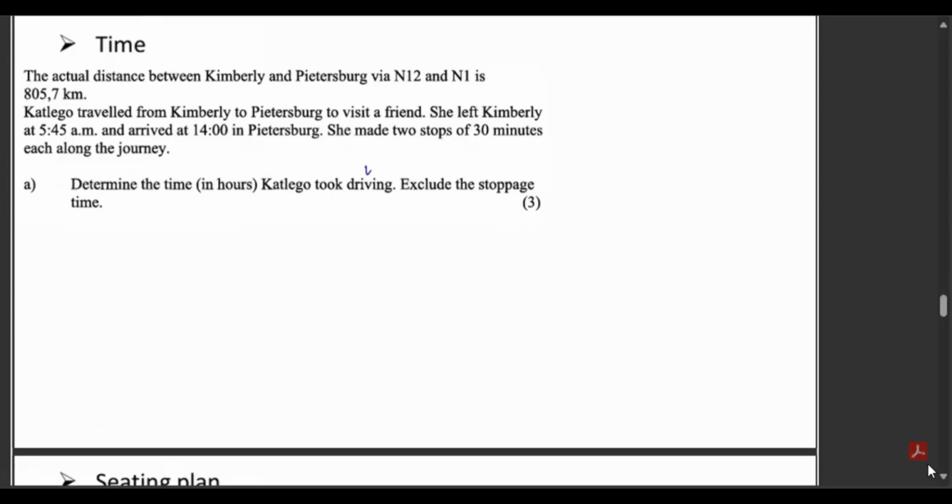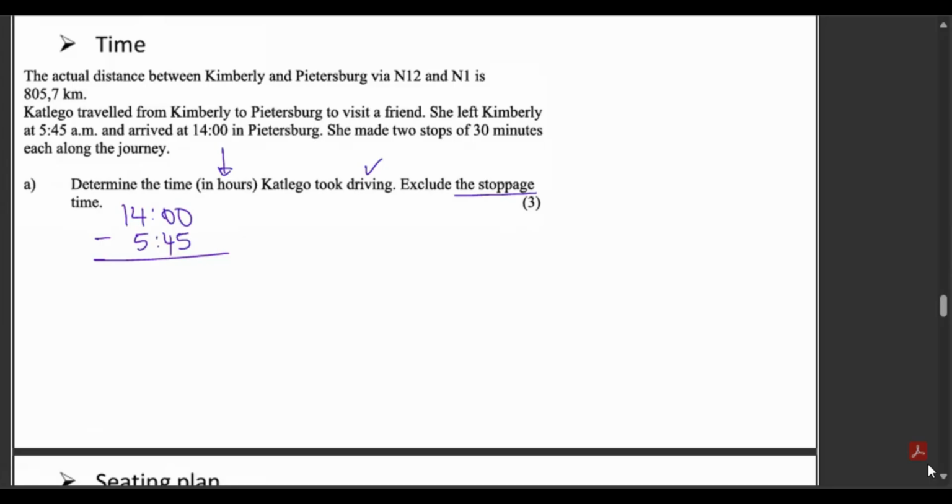So here we are driving. Why are we excluding the stop? Because we were not driving. The car was at rest, but time was going. Anyway, they want us to calculate the time in hours. So what we're going to do, we shall say the last time that it was done, it was 14 minus 5, minus.